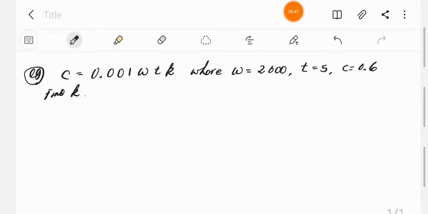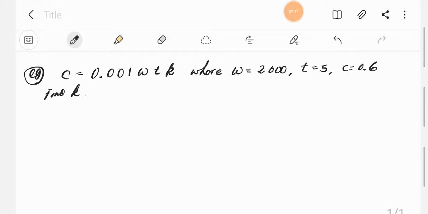For this example, this is actually an application problem, but you don't have to read everything. Here is an equation, and this equation has 4 variables, C, W, T, and K. The values of 3 variables are given already. So W, T, and C values are given, and we want to find K. The first step is to replace the variables with their values.